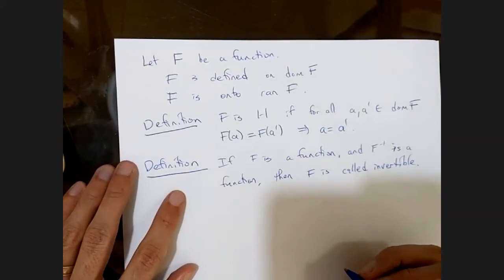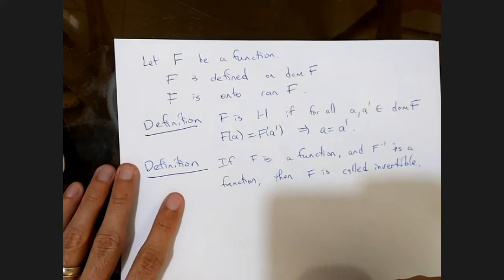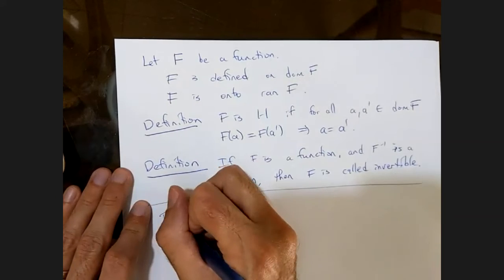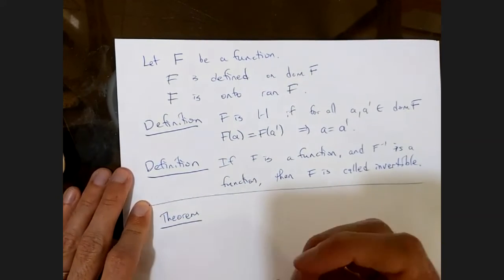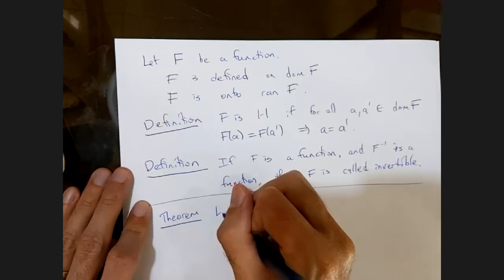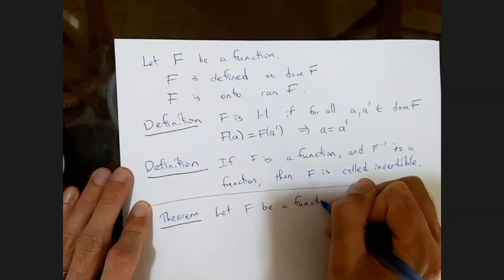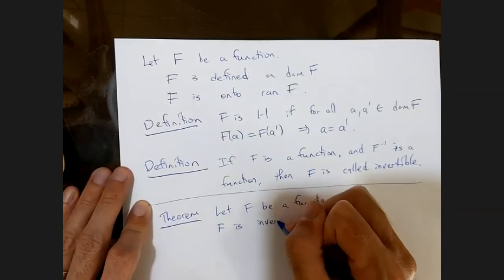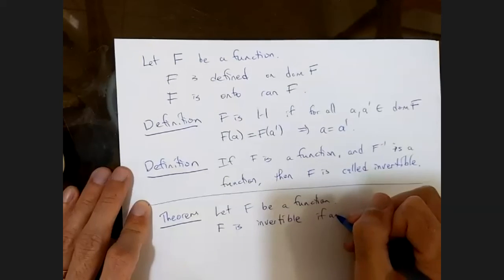Right, and then the last thing we want to say about inverses of functions is just the usual thing, which I guess we should call a theorem. Well, part of this I already wrote down. Let F be a function. F is invertible, meaning F inverse is a function, if and only if F is one-to-one.